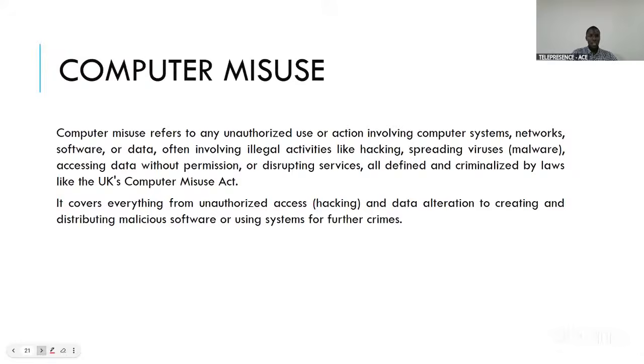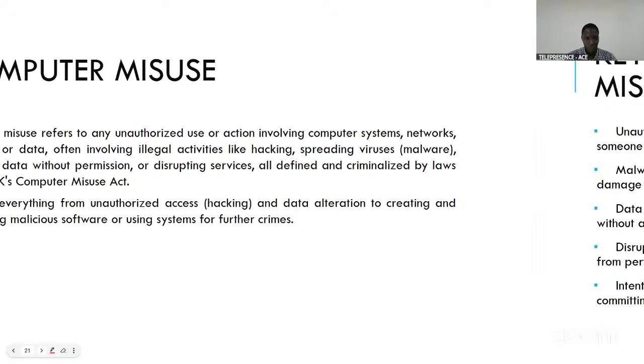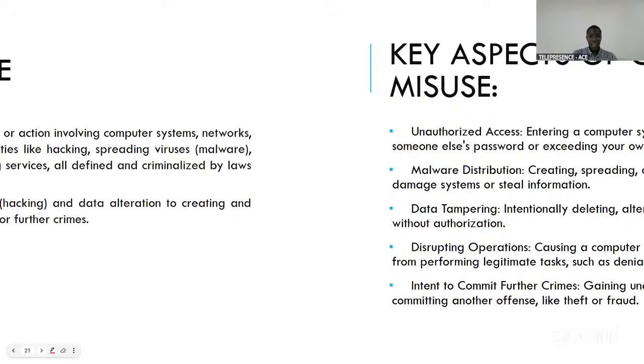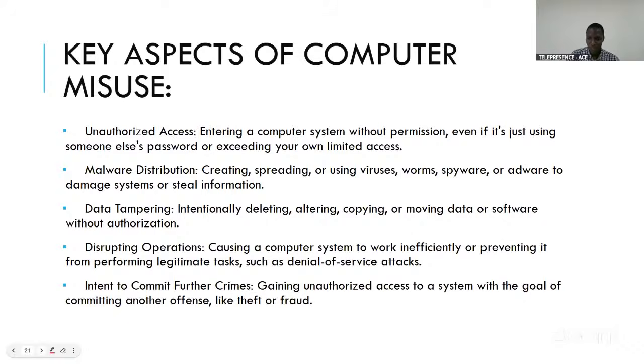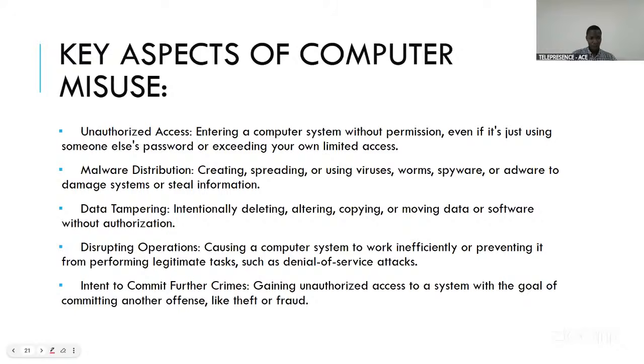So what are the key aspects of computer misuse? We have unauthorized access, people without permission using your device, malware disruption, data tampering, that is people deleting, altering, or changing values of data in your device, disrupting operation, then intent to commit further crimes.